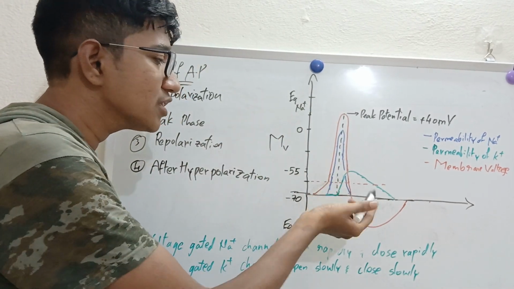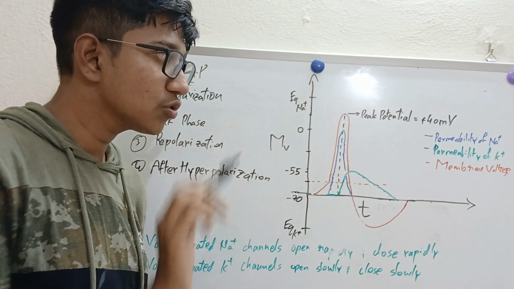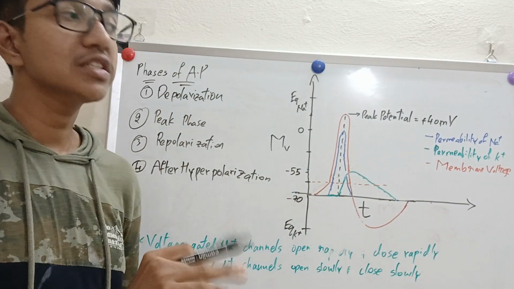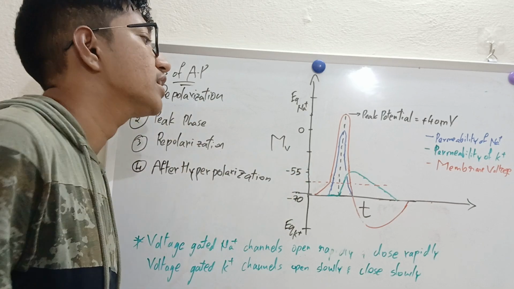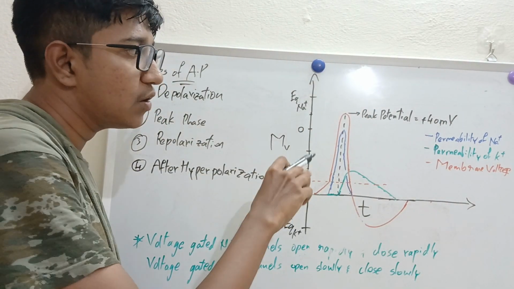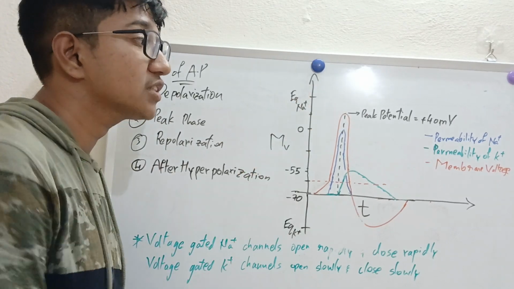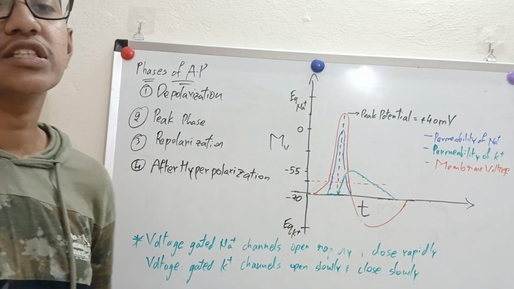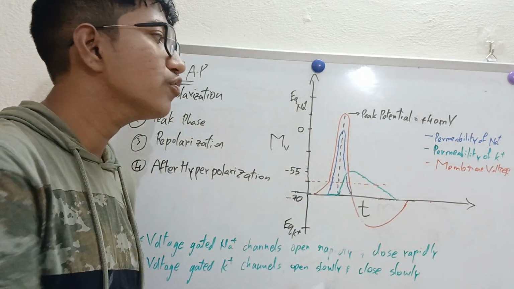So, after this peak potential, the voltage gated sodium ion channels start closing and voltage gated potassium ion channels start opening. This simultaneous closing of voltage gated sodium ion channels and opening of voltage gated potassium ion channels generates a negative feedback cycle.